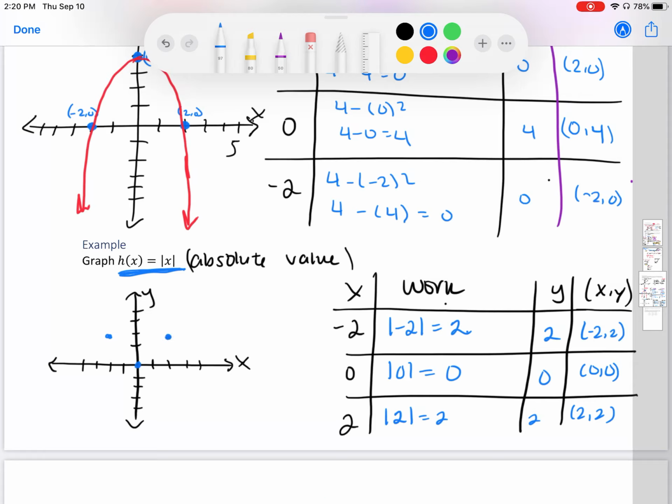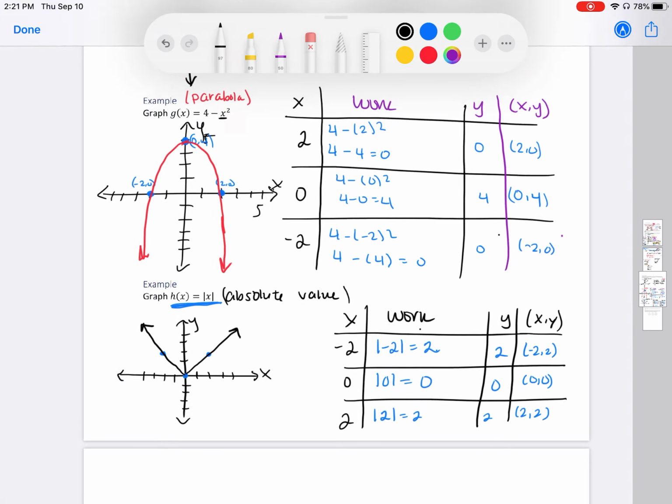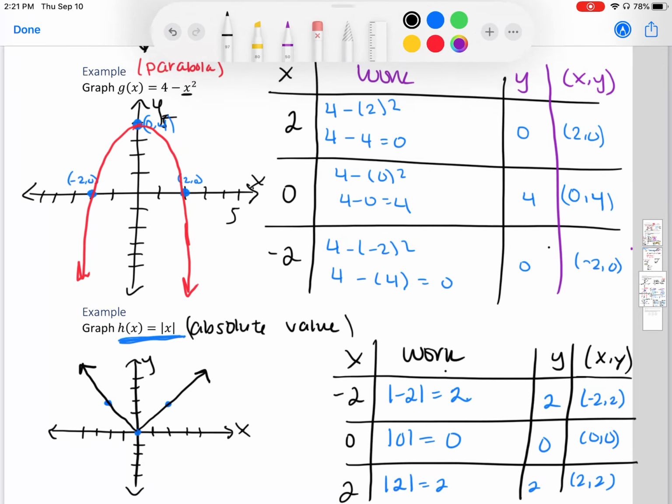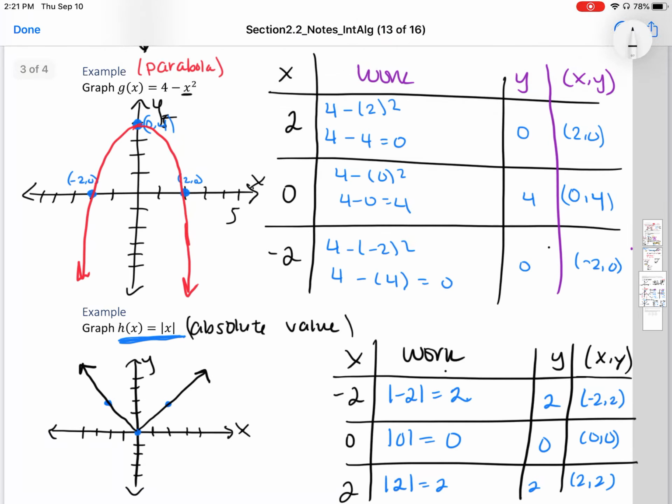Now we haven't studied these graphs in detail, so we will soon enough. This absolute value function creates a V shape. These are the points that help us create our V shape. Now, don't be alarmed by our last two examples. We'll talk about them more in future chapters. But whenever you're unsure of how to graph something, you can always do a chart.